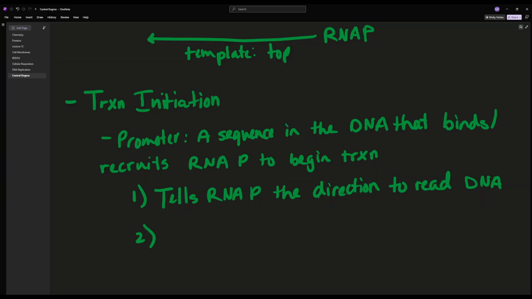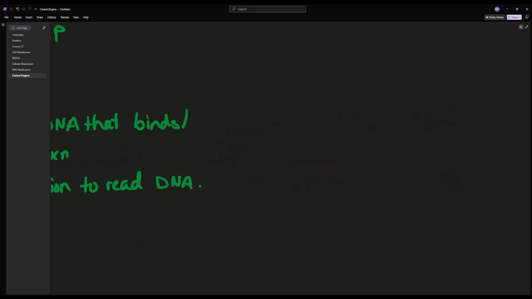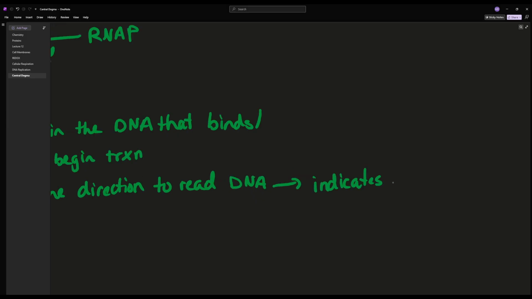So if it tells RNA polymerase the direction to read the DNA, this means it must be telling RNA polymerase which strand is which. In other words, it indicates to RNA polymerase which strand is the template.